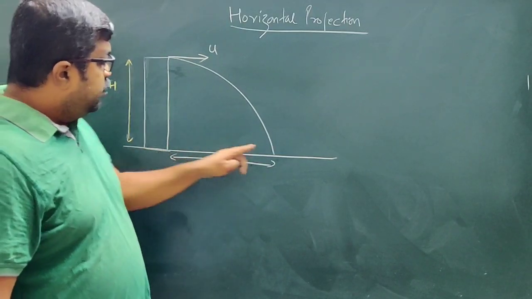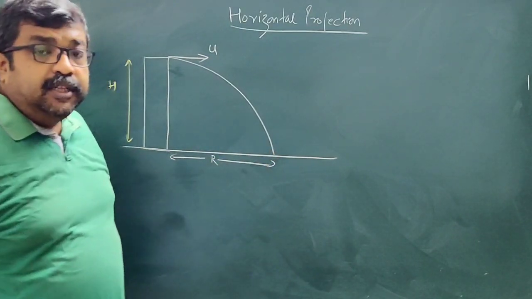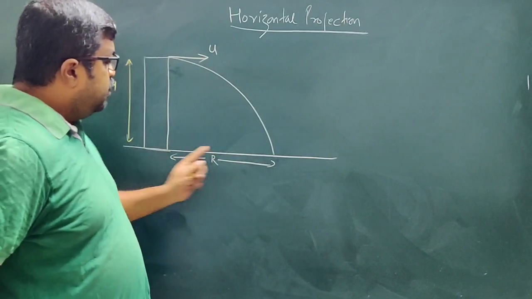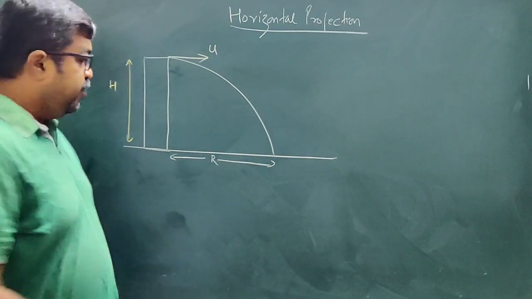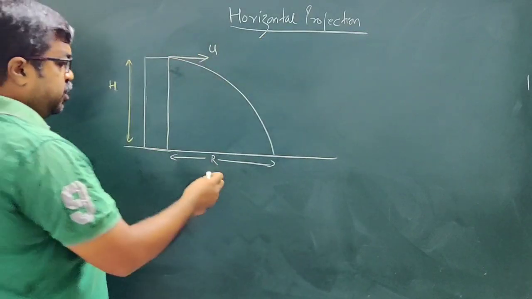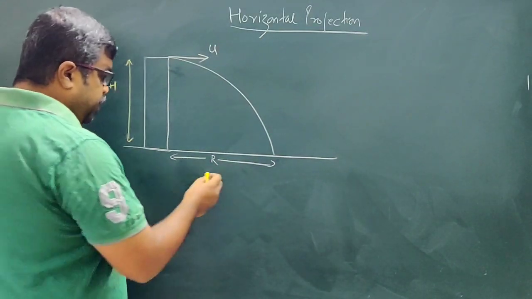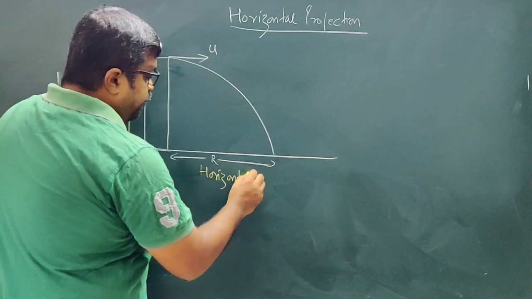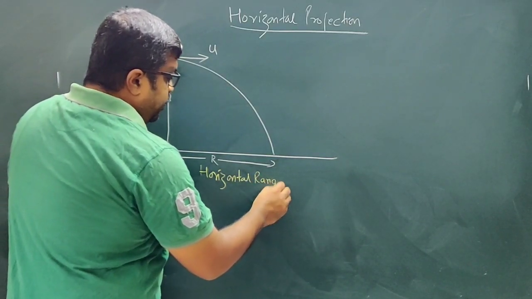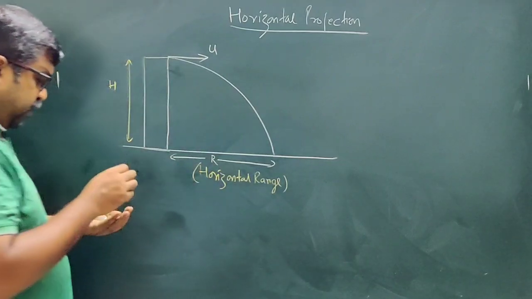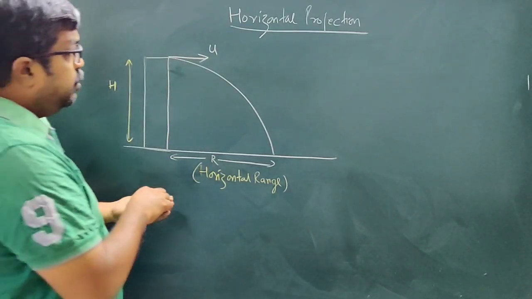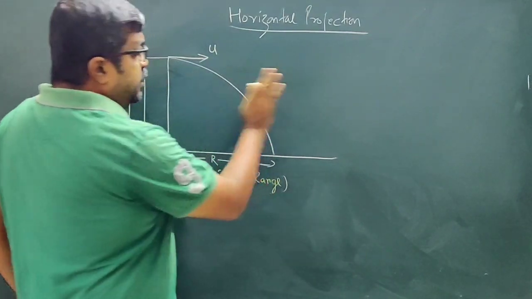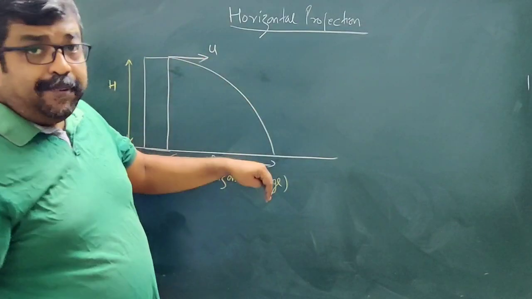So from this point to this point, the point at which the projectile hits the ground, that distance is called horizontal range in this case for horizontal projection. Okay, so this is horizontal range.